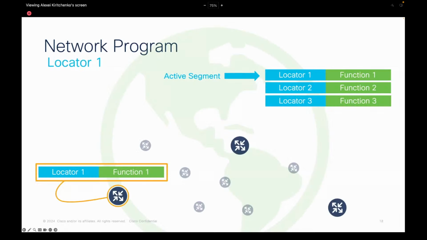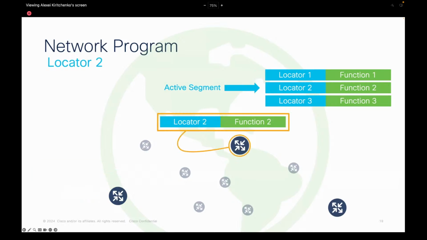So this is the network program expressed as a list of segments. We are going through the list of these segments, and the first segment will get us to a certain node identified here by locator 1. It will apply function 1, then the next segment goes into the destination address, and we are going to the next active segment with locator 2.